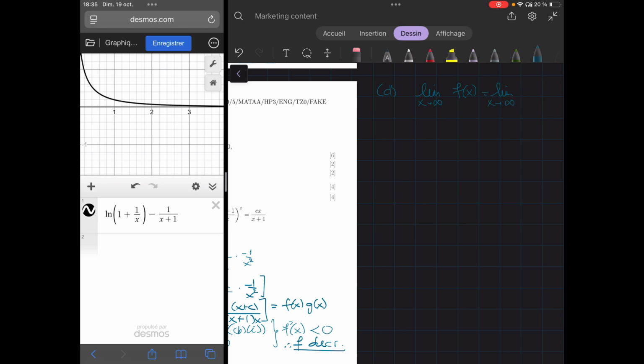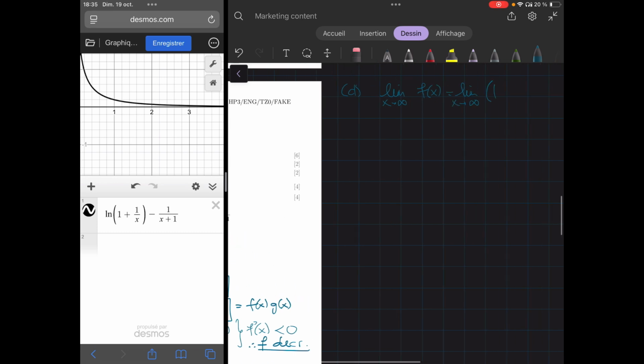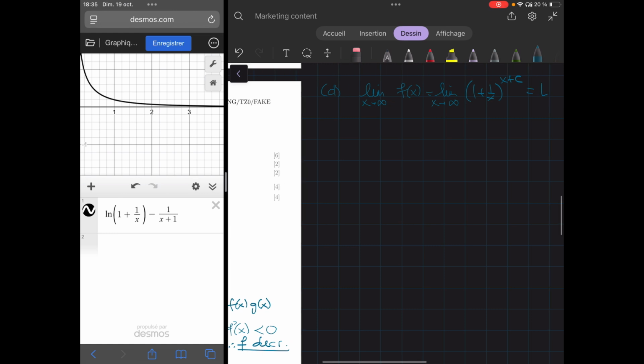Because f of x is an exponential function, we have to consider ln of this limit instead of the limit itself, so that we can use L'Hopital's rule. So consider ln of L.